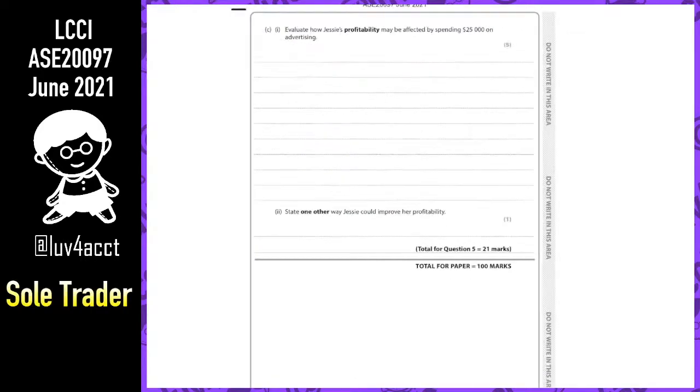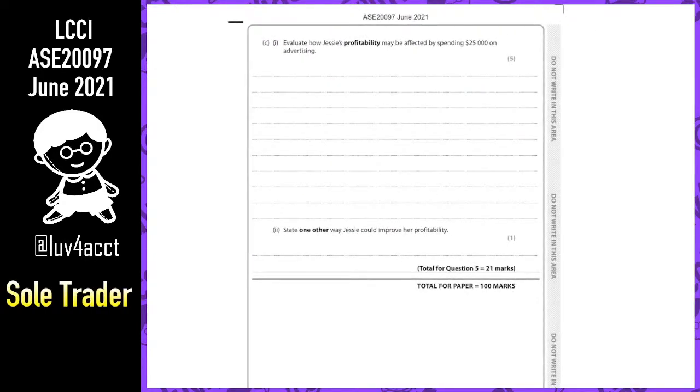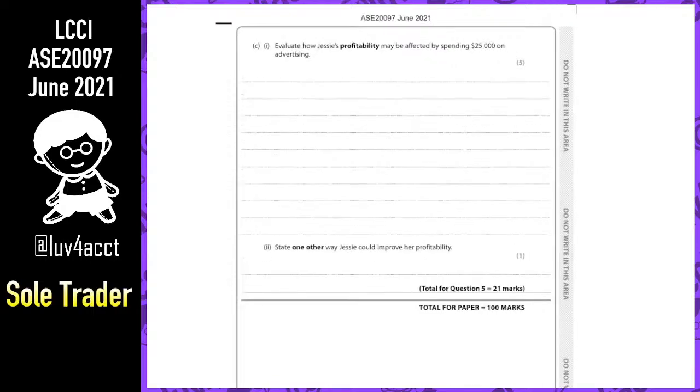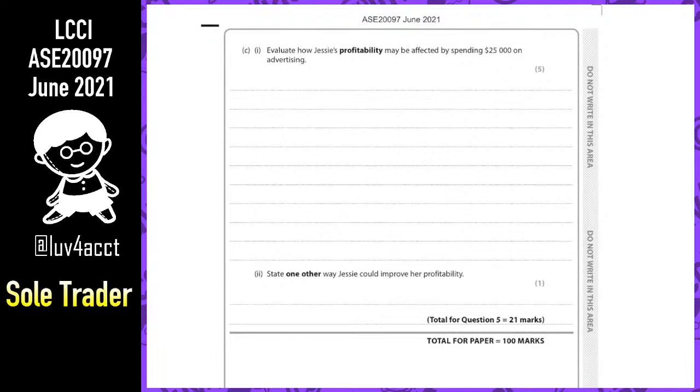Last, 5 points, 6 points. Evaluate how Jessie's profitability may be affected by spending 25,000 on advertising. So this one, we have the direct effect and the indirect effect. Evaluate means both sides we should mention.